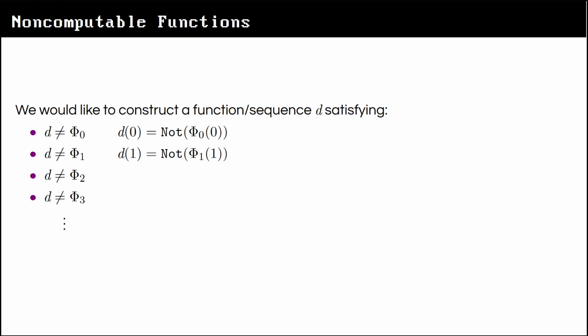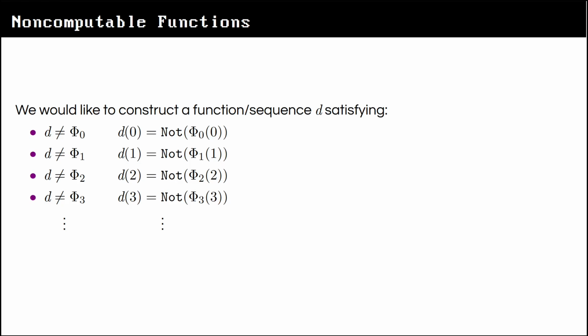Next, I similarly want to make sure that d disagrees with phi sub 1. Specifically, I'm going to want d of 1 to not be equal to phi sub 1 of 1. And that's going to force these two things to be different as functions. And then, of course, I should pick d of 2 to not be equal to phi sub 2 of 2, and so on and so forth.